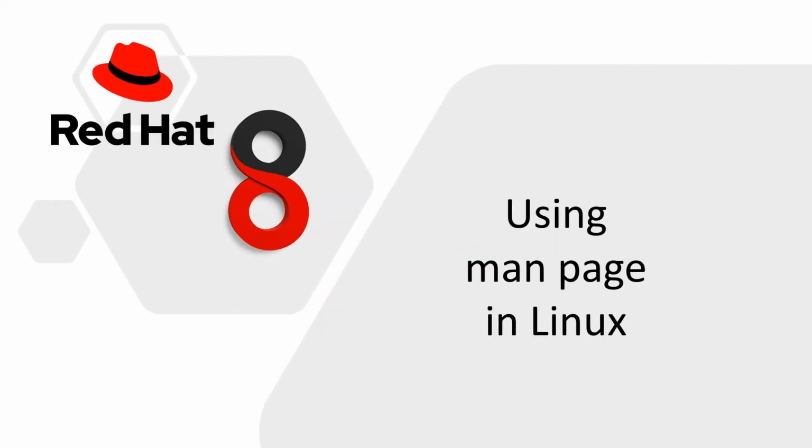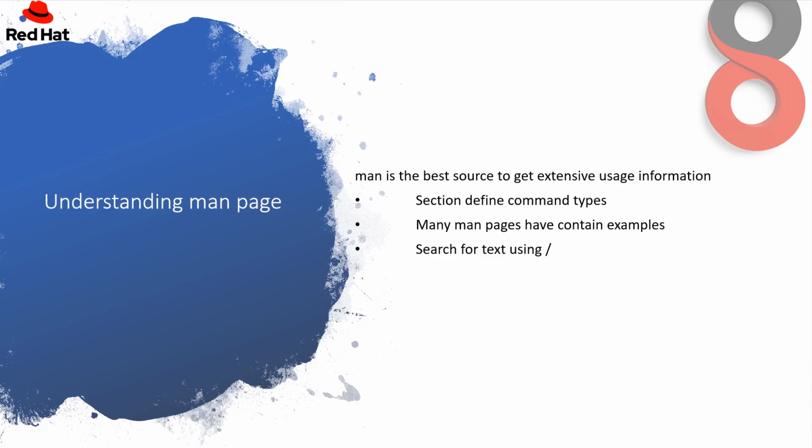So, in this lesson, you will learn about using the man page in Linux. Let's understand the man page. Man is a system that provides information about all of the commands in Linux, as well as many other items.